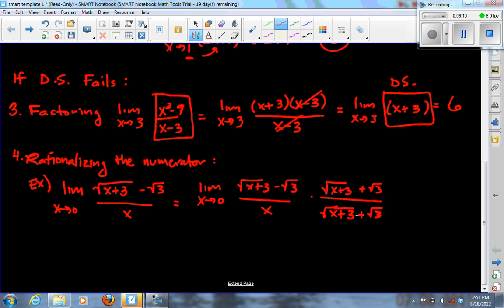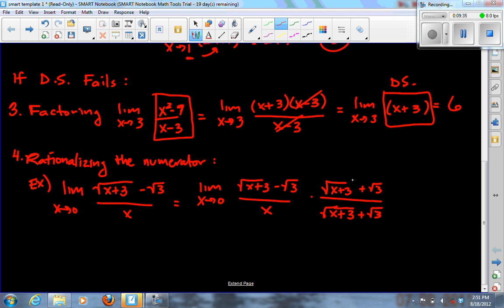Anything over itself is 1. That's why I didn't change this, because all I did was multiply this by 1. Now I picked a conjugate. I picked a very special way to write 1. I picked the conjugate of the numerator. Conjugate means same numbers, only different sign in the middle.